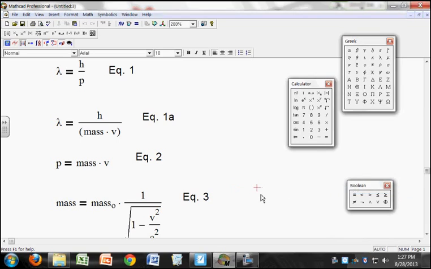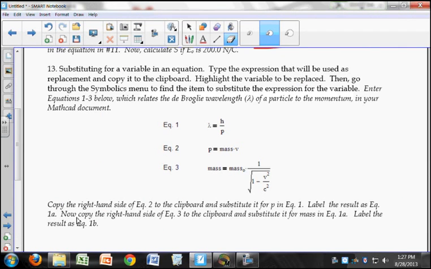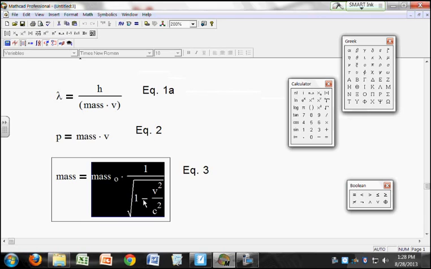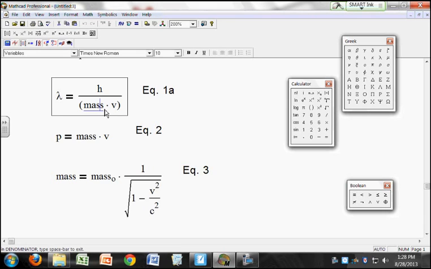Alright, so what do we need to do next? Now we're going to copy the right-hand side of equation 3. That's the expression for mass, right? And I want you to substitute that for mass in equation 1a. So this is your mass. Right-click, copy, and I'm going to substitute that for mass right here.